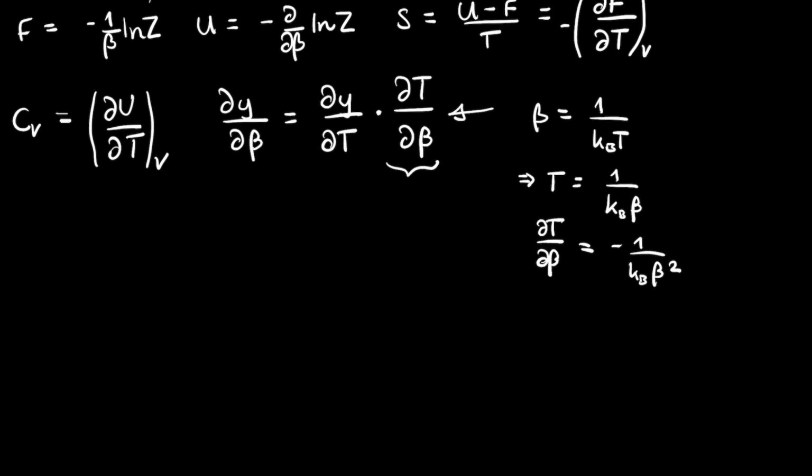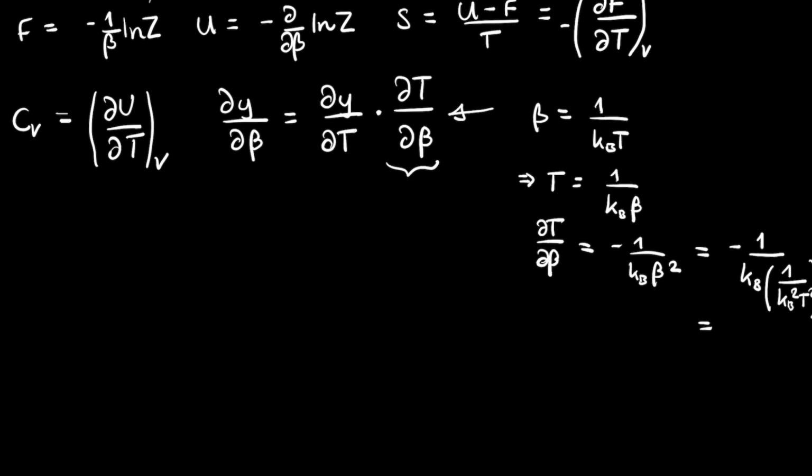You can also write this, instead of minus 1 over kB beta squared, by substituting back in what beta is, because we're trying to get rid of beta so we can differentiate with respect to temperature. Beta squared is going to be 1 over kB squared T squared.